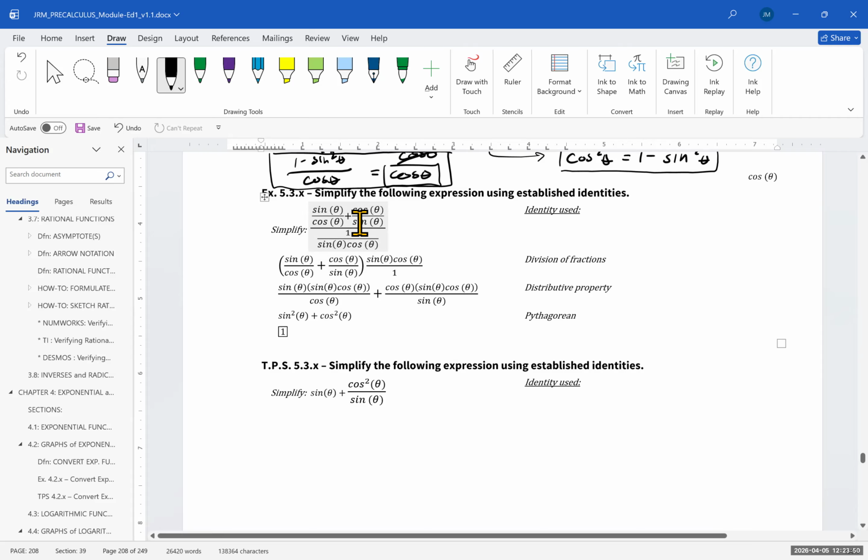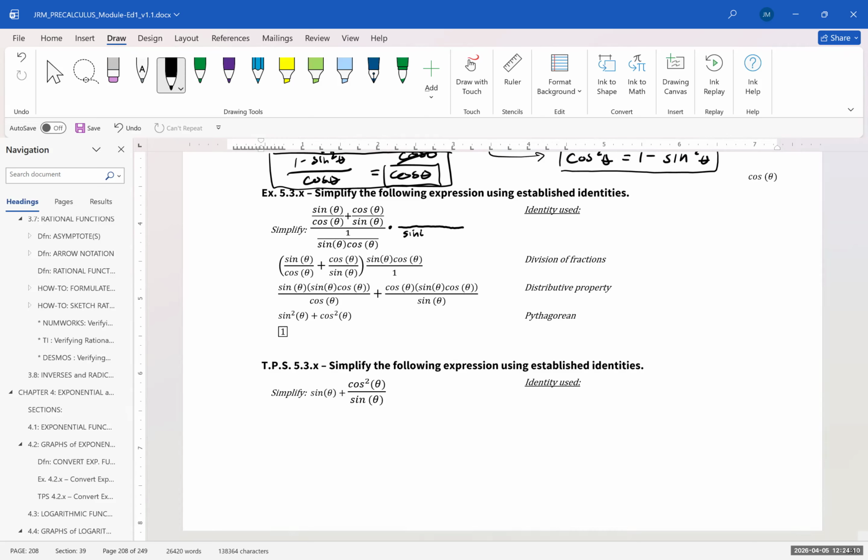Let's try and simplify this whole thing a little bit. So to do that, we could just multiply numerator and denominator by the reciprocal of the denominator.